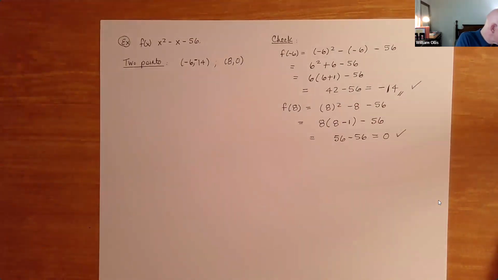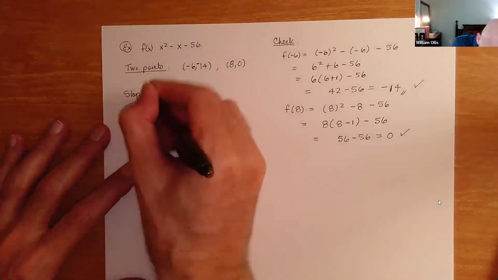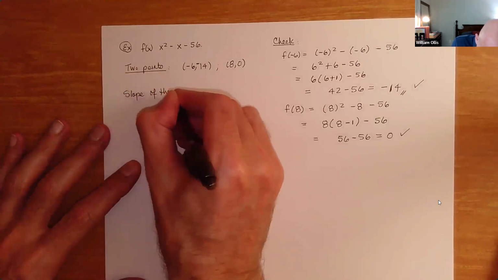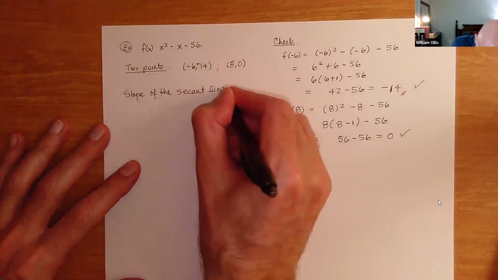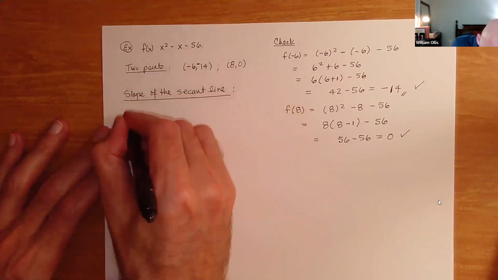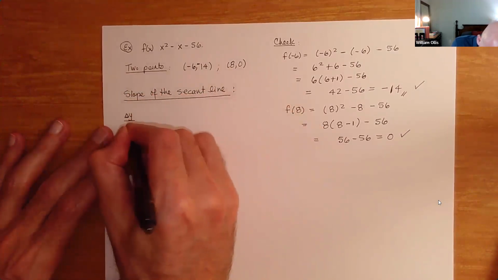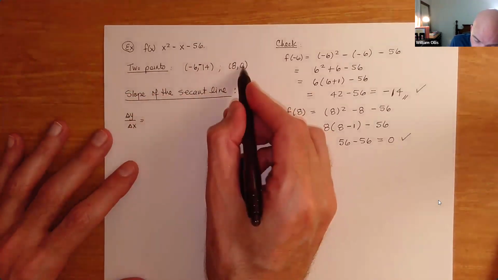So now the question is this: in this particular case, we want the slope of the secant line. So let's compute the slope of the secant line. So we'll just do a rise over run. Just to make the work a little simpler, let's just use this point.